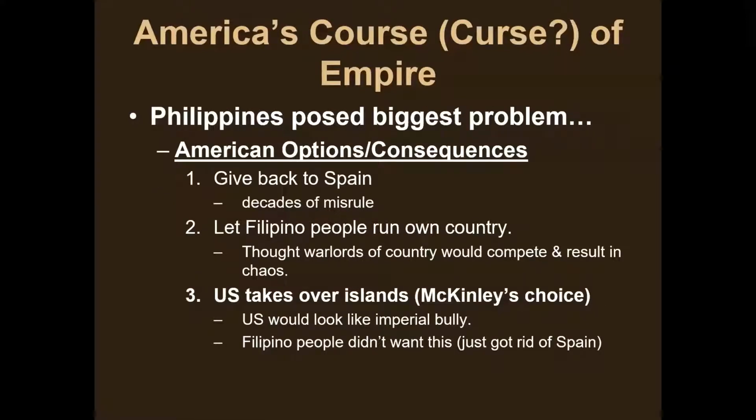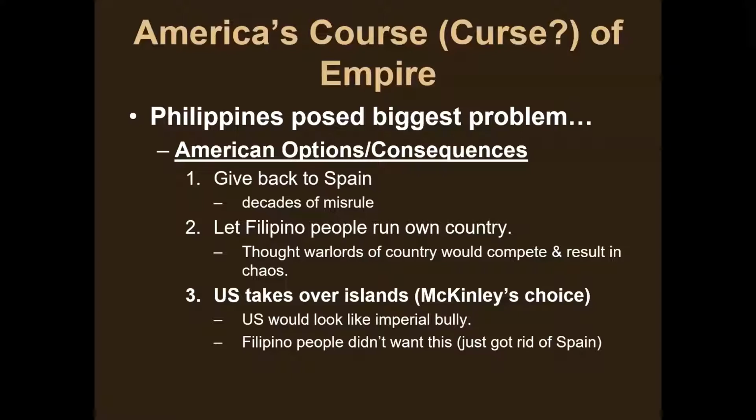The Philippines in the new treaty posed the biggest problem because we weren't sure exactly how to handle them. The Philippines was different than the other territories we gained, and anything we'd ever added to the U.S. beforehand, because the Philippines was a heavily populated area.